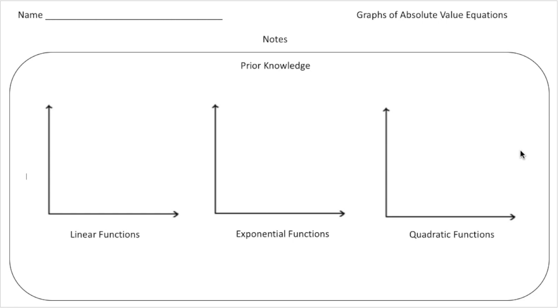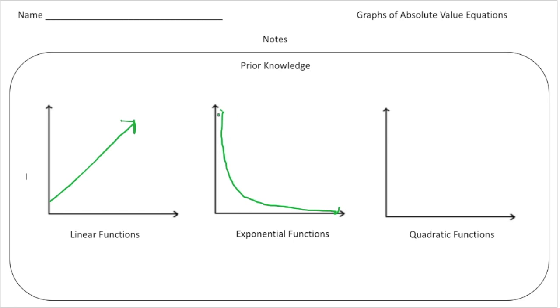So far you've learned about linear functions, exponential functions, and then quadratic functions. Let's just draw a quick sketch of each kind. A linear function obviously is like a line, linear. An exponential function could be, again, relating to growth or decay, so that kind of had a curve like this.